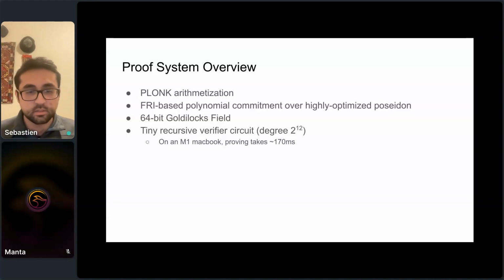Well, STARKs are repeated state transitions. So they're only good for the kinds of computations where you're doing one thing after another. And so there are a lot of computations that fit better in a STARK and better in a SNARK. And what Plonky2 allows you to do is use both whenever your application needs it.